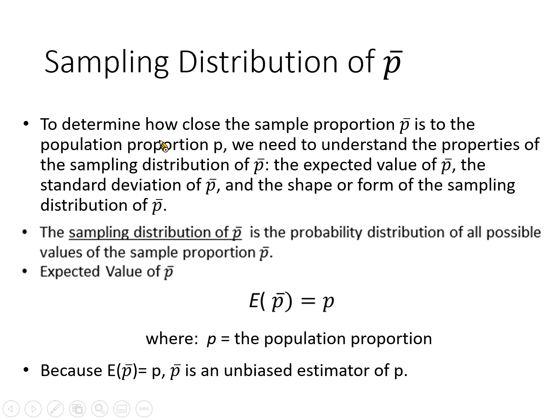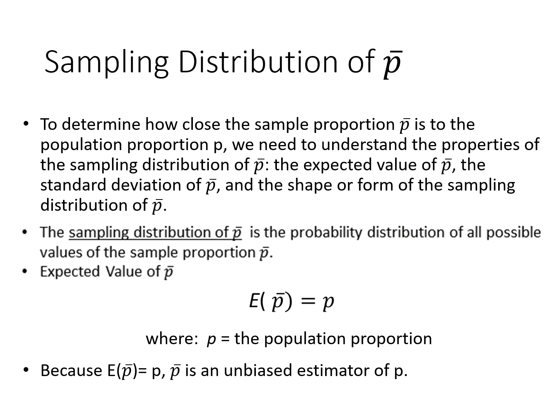To determine how close the sample proportion p-bar is to the population proportion P, you still need to understand the properties of the sampling distribution of p-bar. Then you can calculate its expected value, its standard deviation, or its sampling distribution.